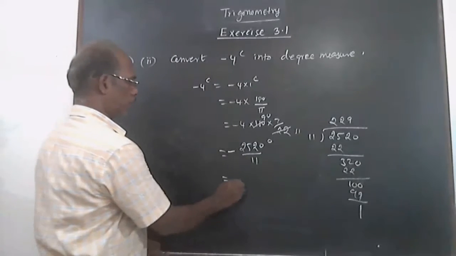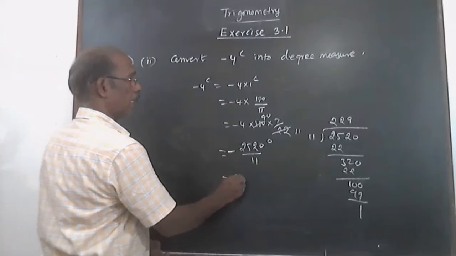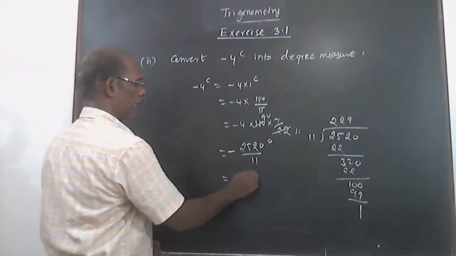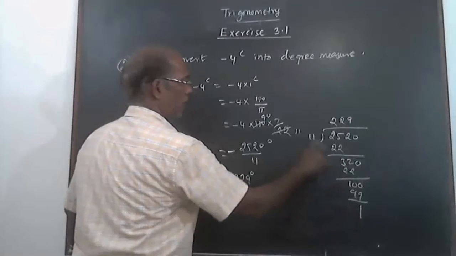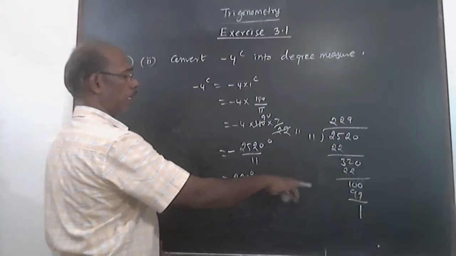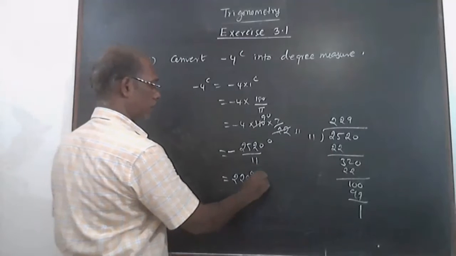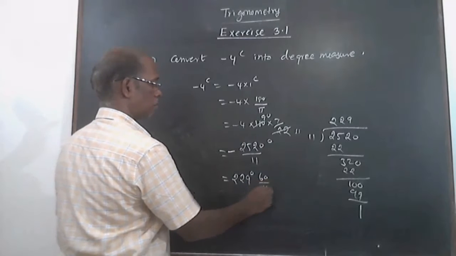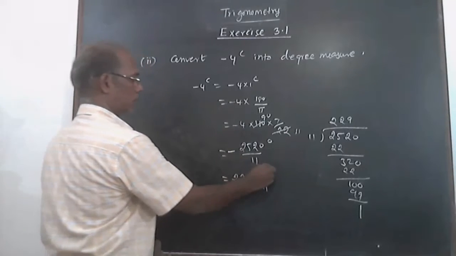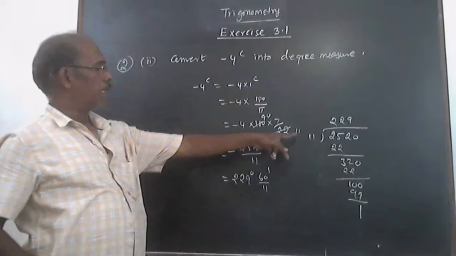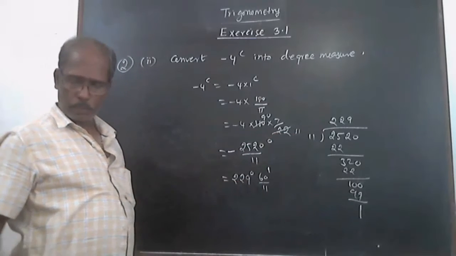So 1 by 11, 229 degree. 1 by 11 degree means 1 into 60, 60 by 11 minute. 1 by 11 degree equal to 60 by 11 minutes.